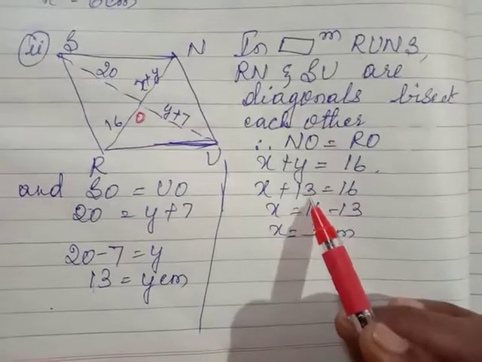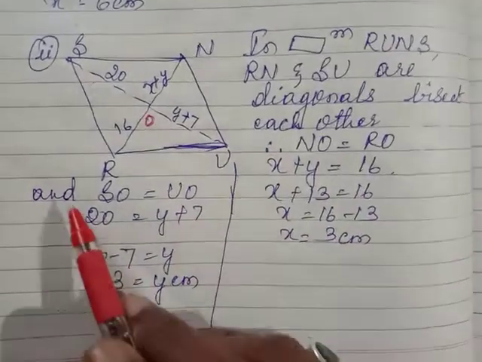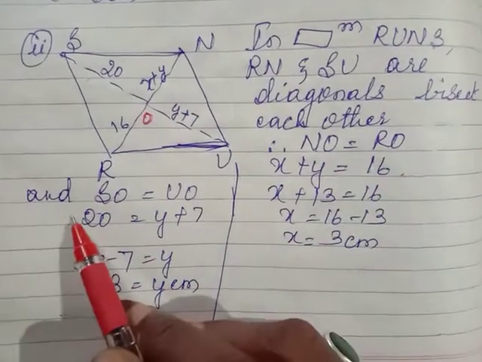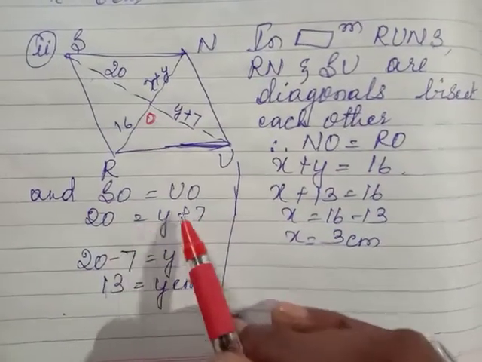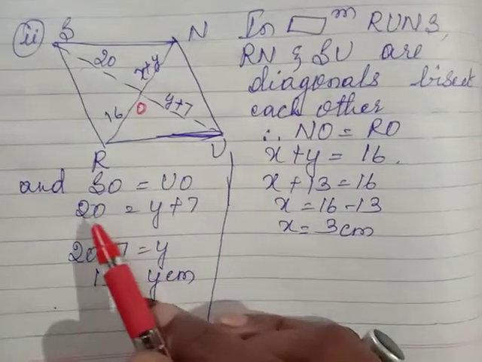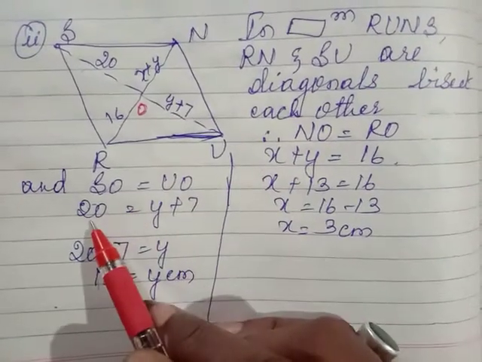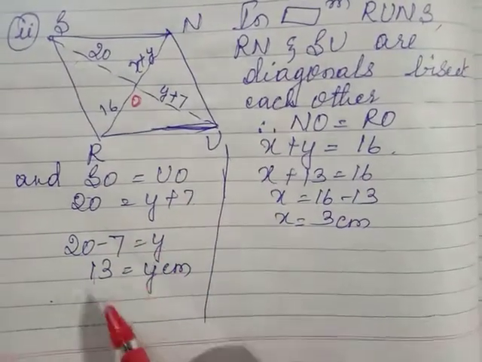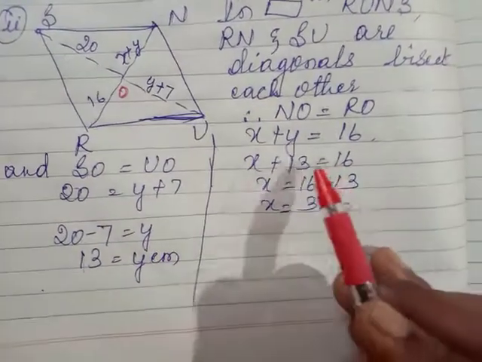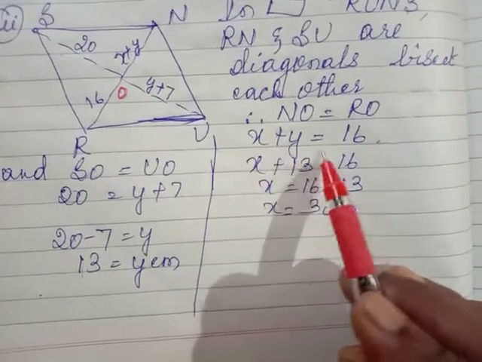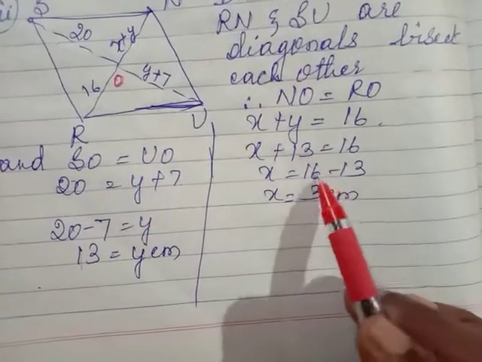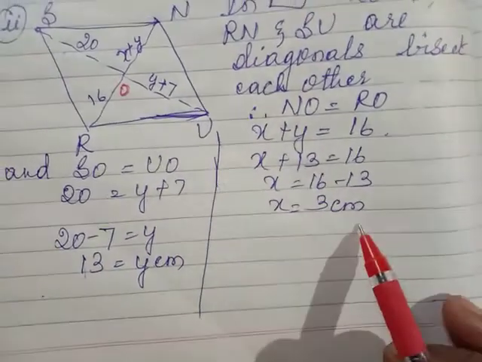How did we get 13 here? Here, children, NO is equal to RO, correct? And SO is equal to UO. Then SO is equal to 20 is equal to y plus 7. 20 minus 7 is equal to y. y is equal to 13. So that is what we have taken here. x plus y is equal to 16. x plus 13 is equal to 16. x is equal to 16 minus 13. x is equal to 3 centimeters.